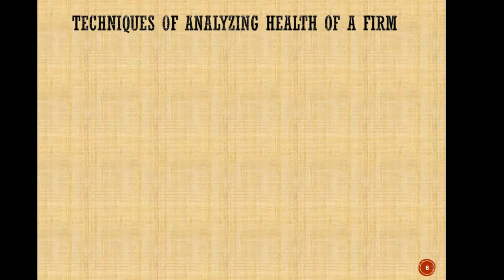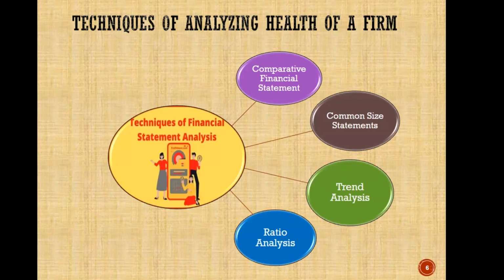Now, let us start with the techniques of analyzing the health of a firm. These are the various techniques used for analyzing the financial statements, which help us to understand the strength of the organization and where the organization is lagging behind.